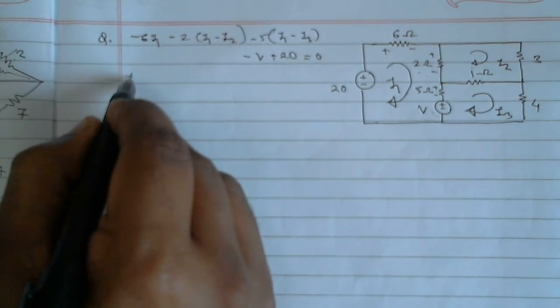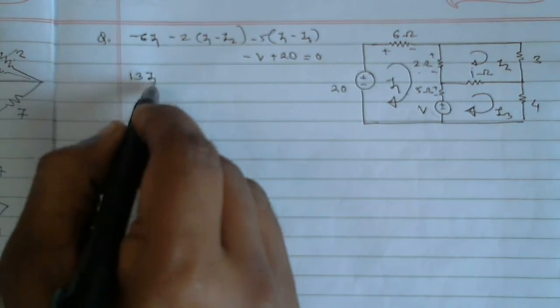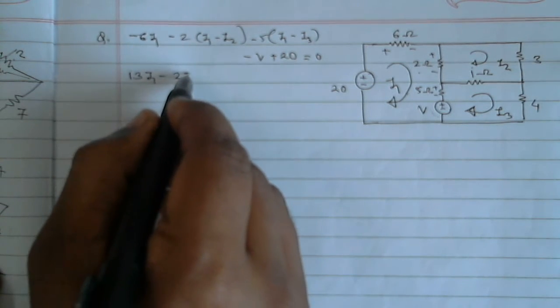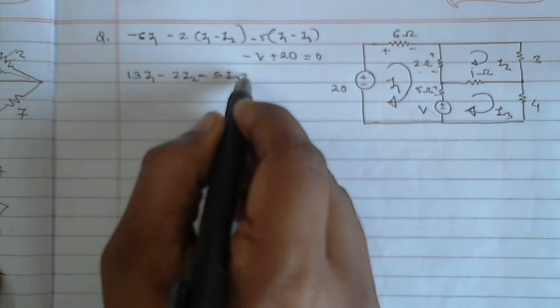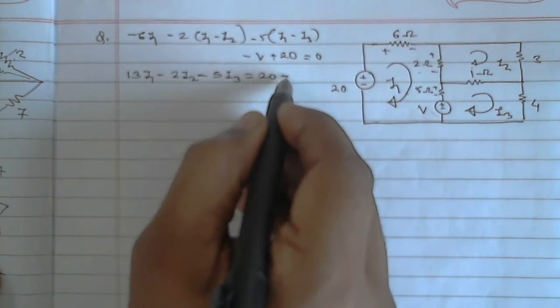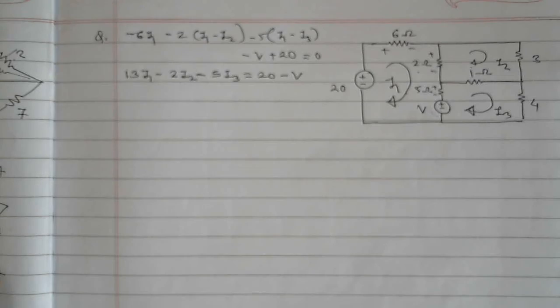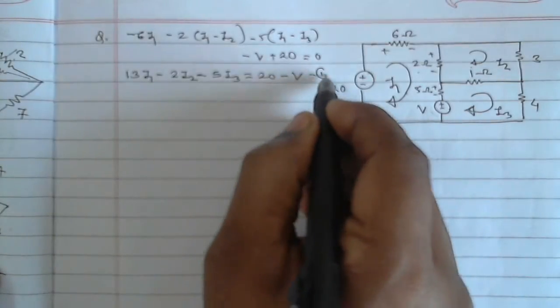If I rearrange, I will get 13 I1 minus 2 I2 minus 5 I3 equal to 20 minus V.